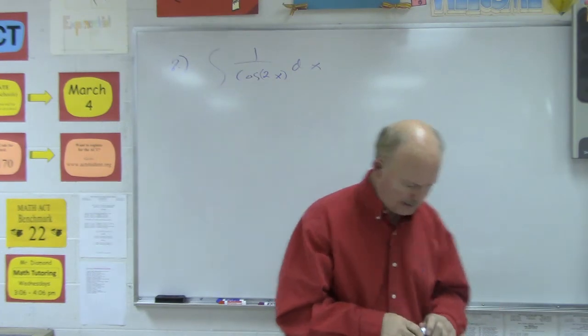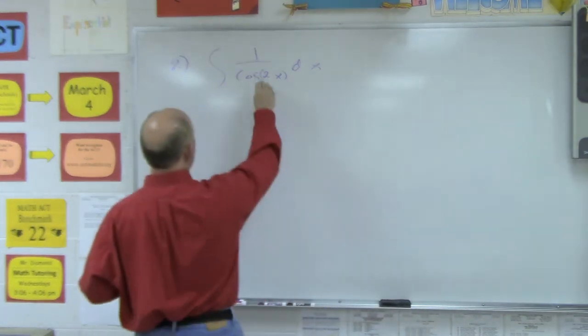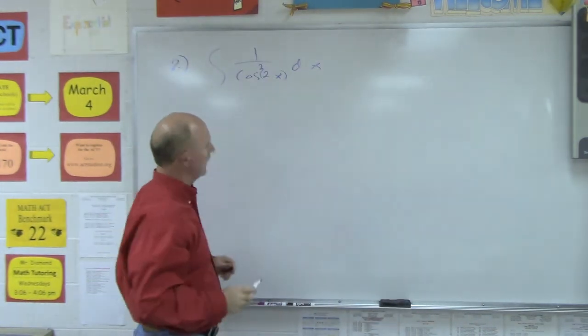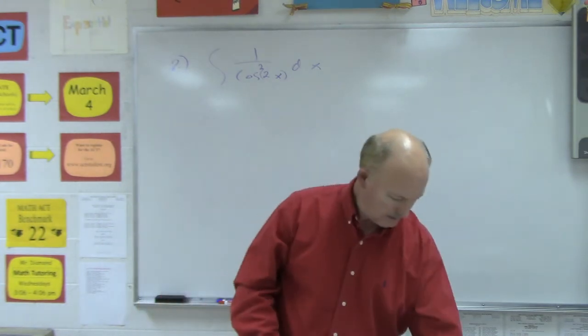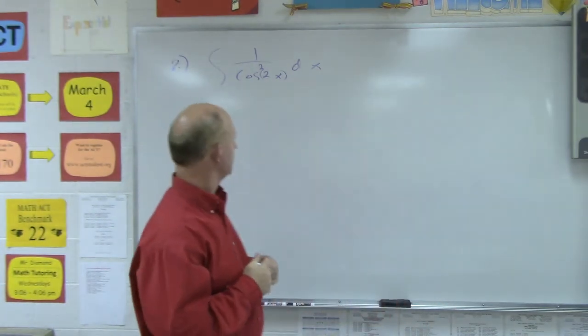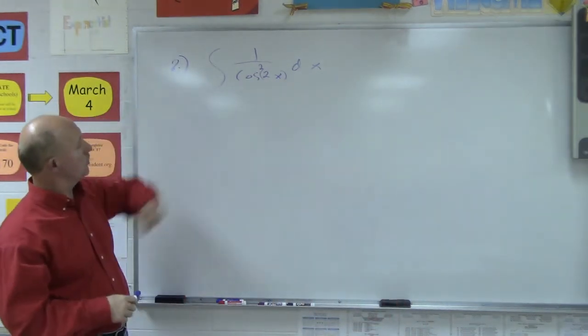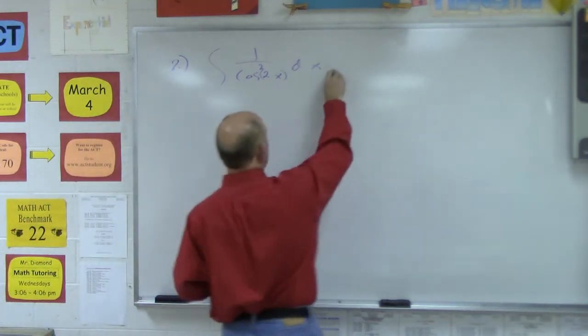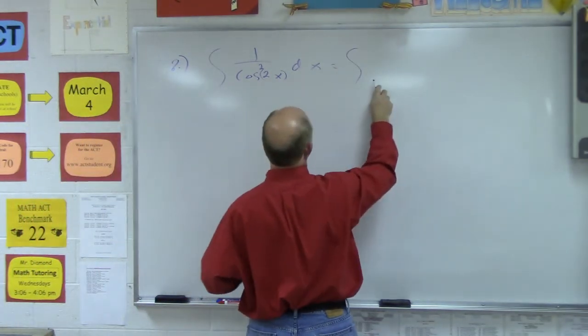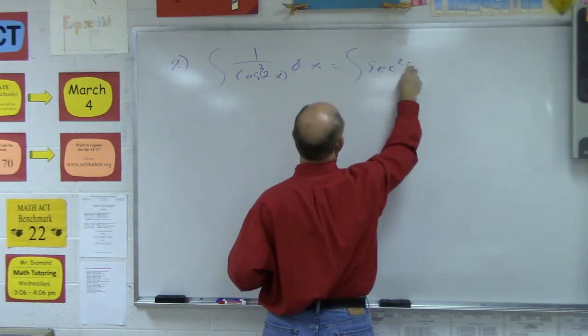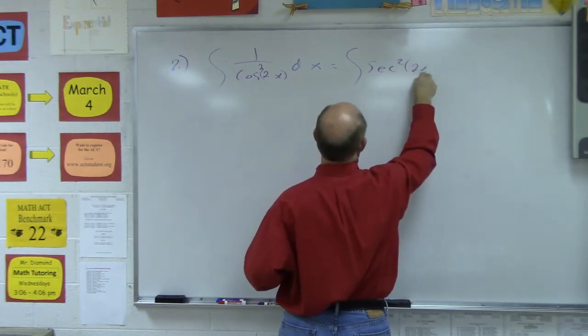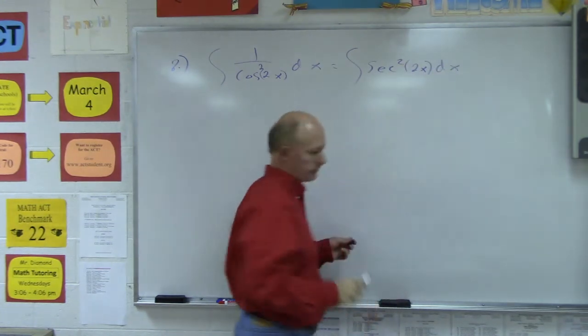Actually, I believe this should be cosine squared 2x. So 1 over cosine squared 2x dx. Now let's rewrite this. This will be equivalent to the integral of secant squared 2x dx.